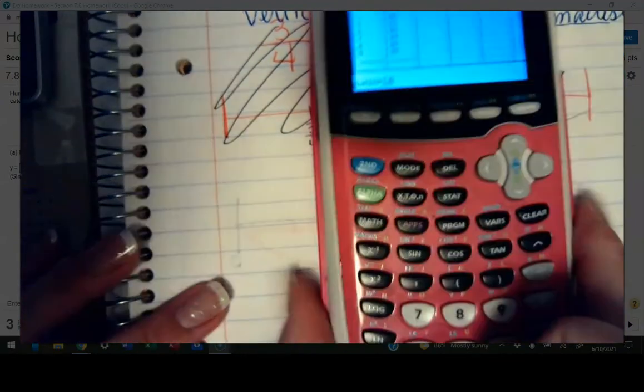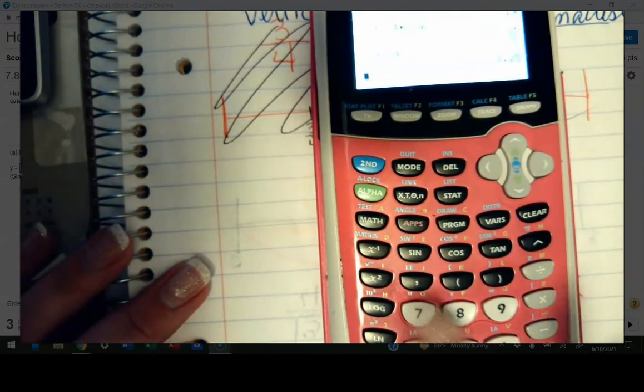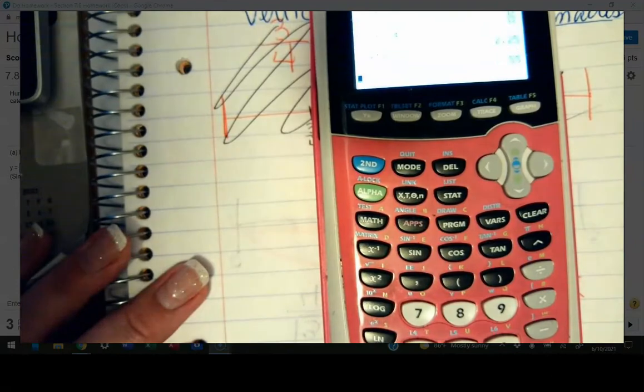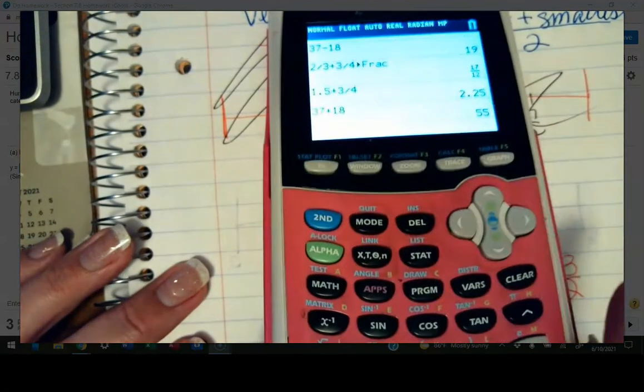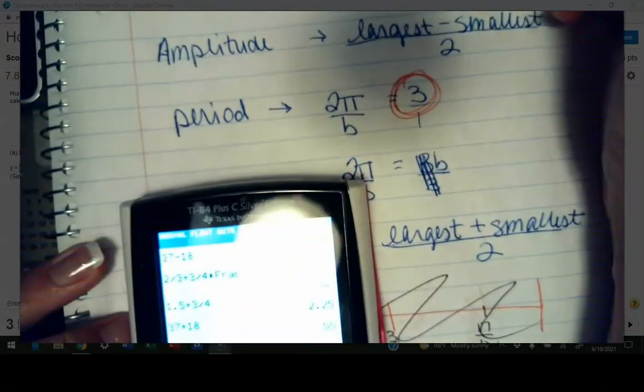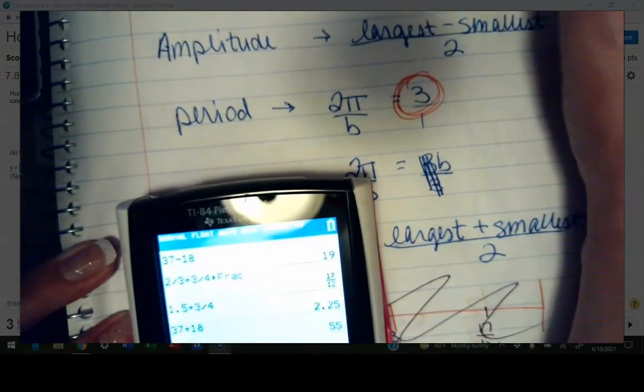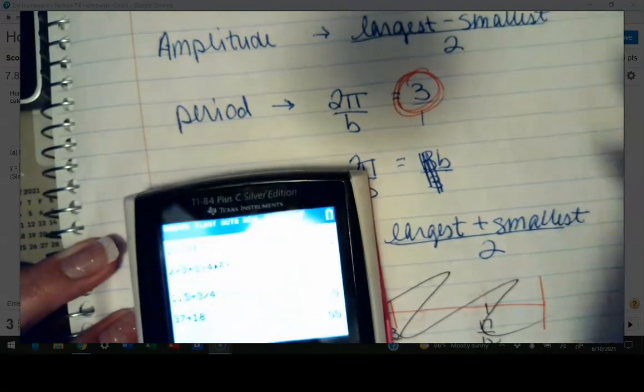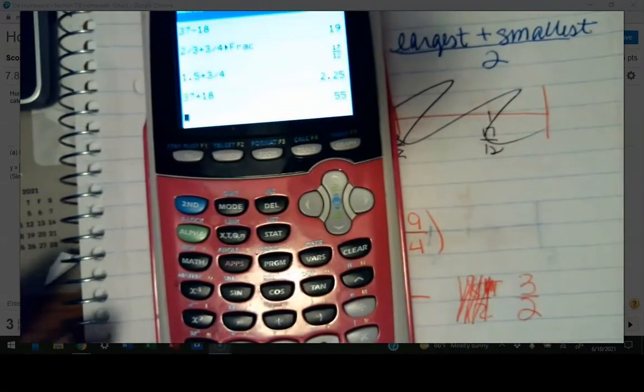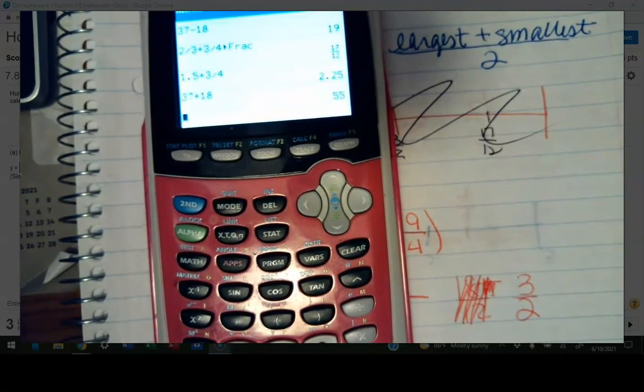My largest was 37, my smallest was 18. So I get 37 plus 18, and I divide that by 2, which gives me 55/2. So this is now plus 55/2. So all of that has taken us 20 minutes so far to get to this point.